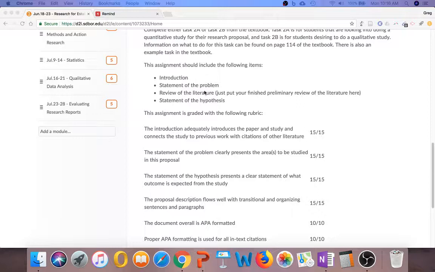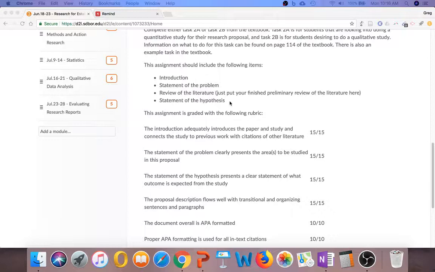The statement of the problem, remember, is a statement about a problem that exists somewhere in the world that your research is intended to maybe shed some more light on, or give some more information about, or solve. And the statement of hypothesis is a strong statement of what you expect the outcome of your research study to show. In other words, it's not just a general statement about the way things are in the field.